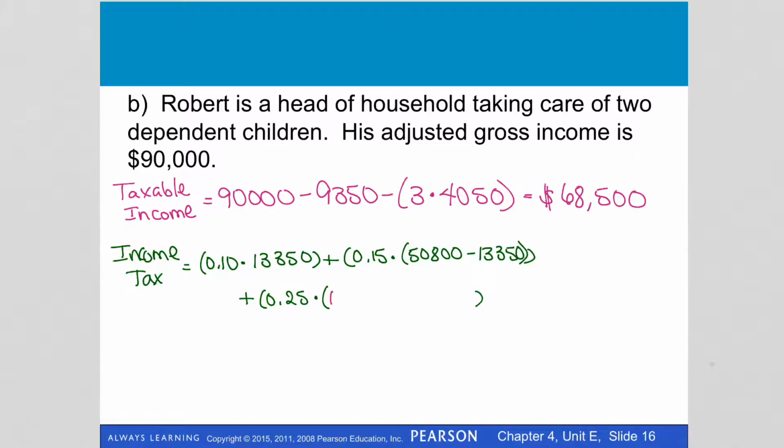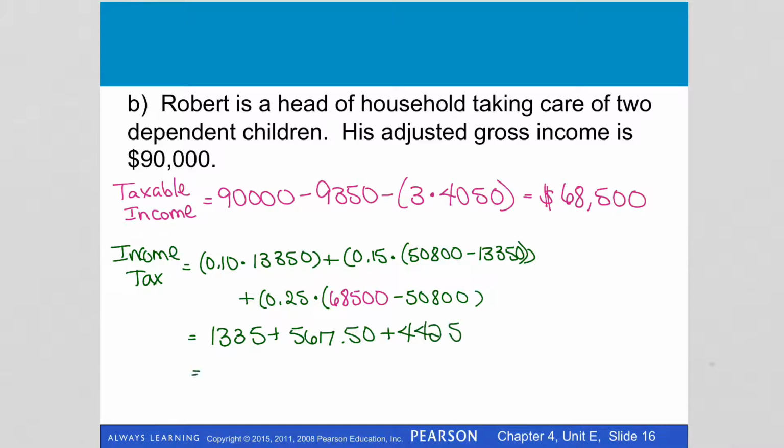So $68,500 minus $50,800. Okay? So we end up with $13,035 plus $56,1750 plus $44,25.